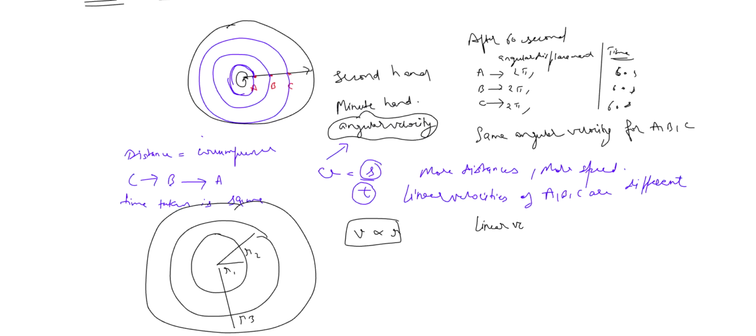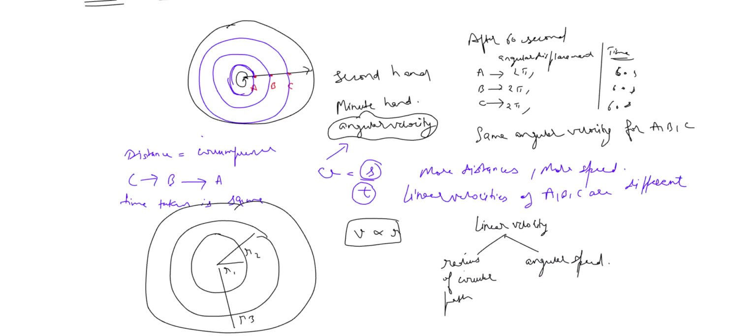One factor is the radius of the circular path, and the second factor is the angular speed, right?